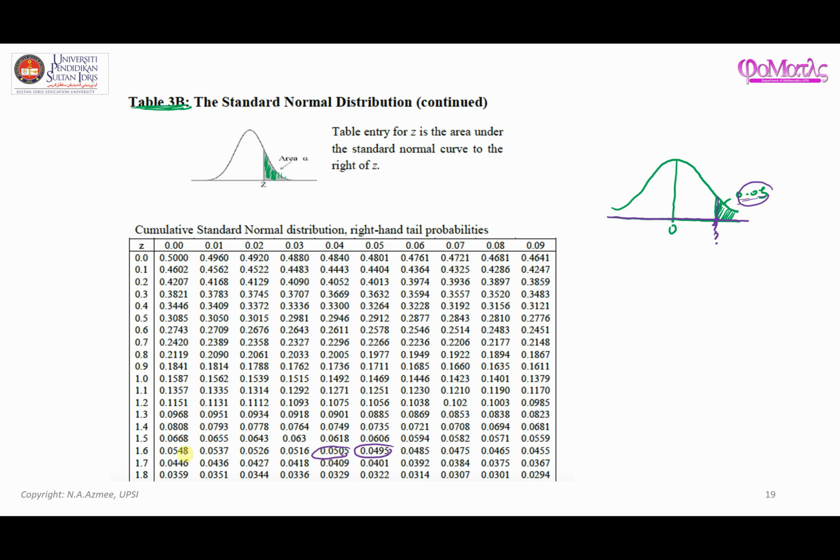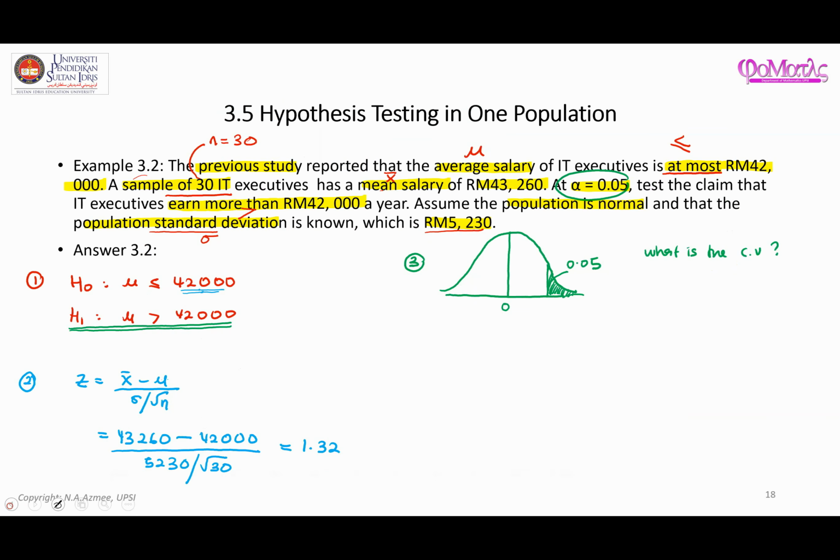You can choose either 1.64 or 1.65, it doesn't matter. So let's say I choose this point to be 1.64. Right, so that is the critical value. So therefore, based on this, the critical value is equal to 1.64.